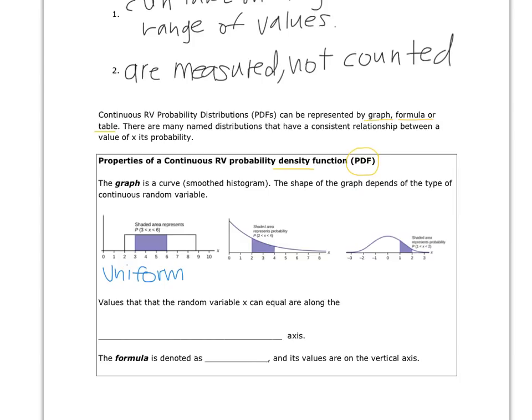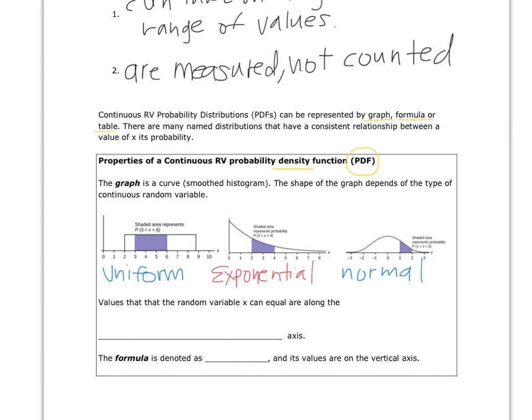And the middle one is exponential. Again, another one of the named random variables. And then that last one there is normal. Okay, the ones that are in blue are ones that we're going to look at in this class.